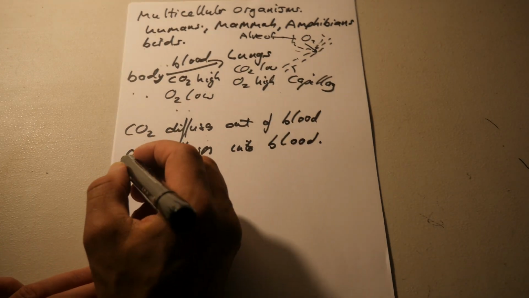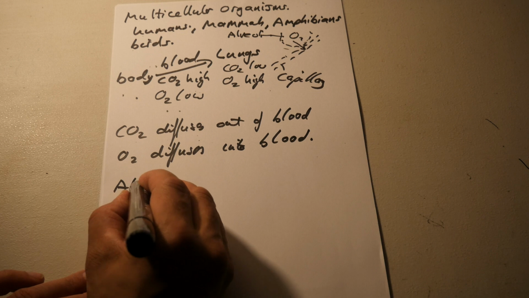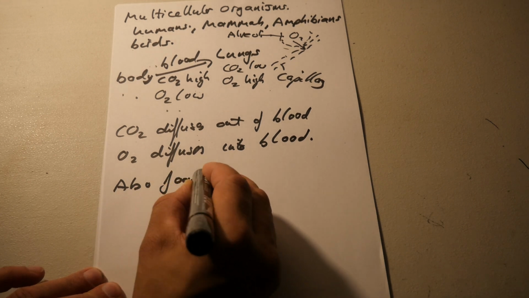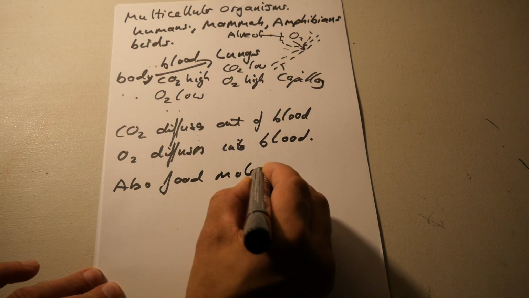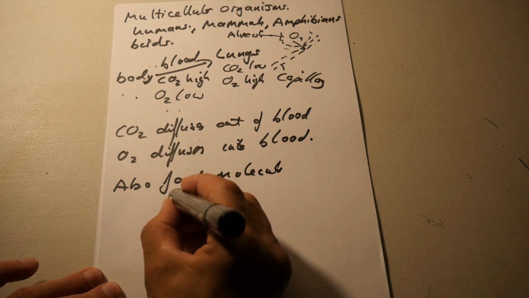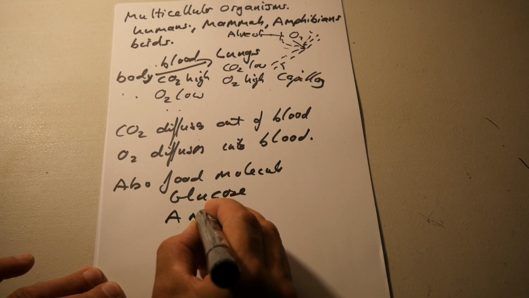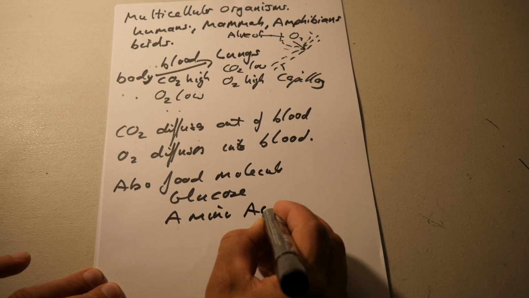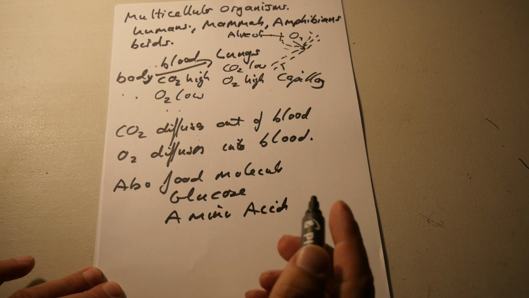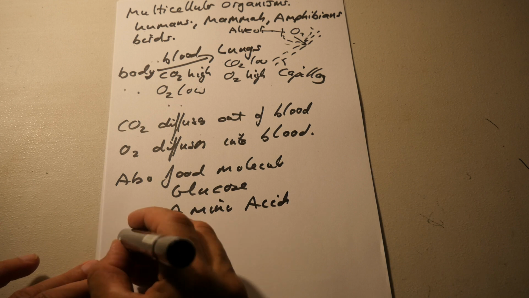Also, food molecules such as glucose and amino acids can diffuse down the concentration gradient.